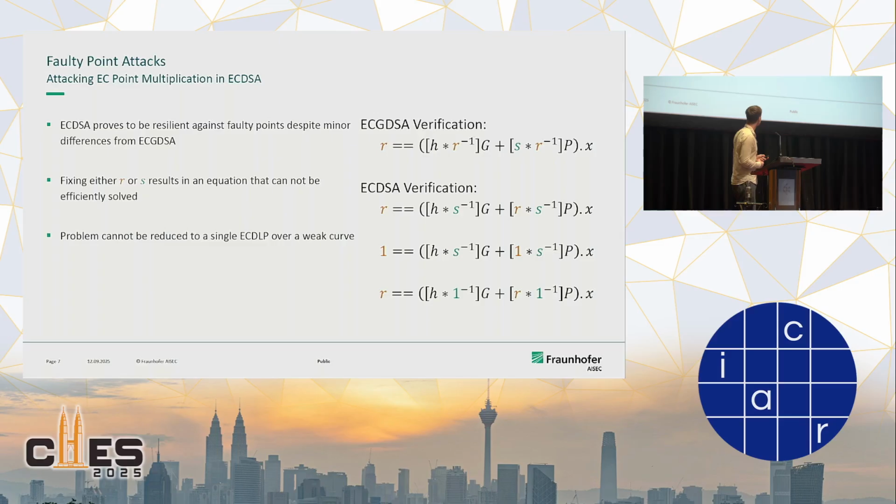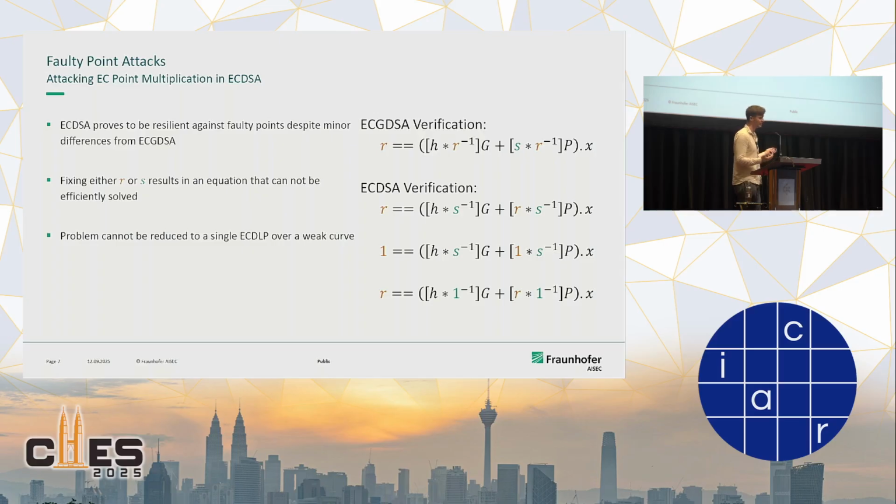And the way we approached these previous attacks was that we tried to somehow reduce this problem that we've got here on the right-hand side to a single ECDLP over a curve. Now, if you try to do the same for ECDSA, we will see that, for example, if we fix the variable R to 1, we are left with this right here, where we have these two points, and one of them has to be faulted, so they won't be on the same curve anymore.